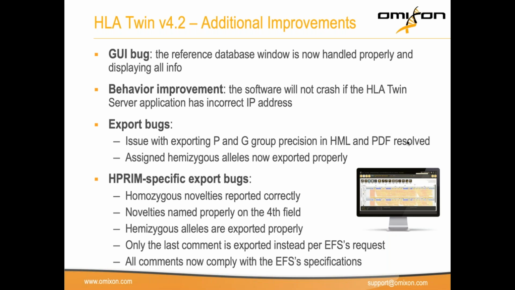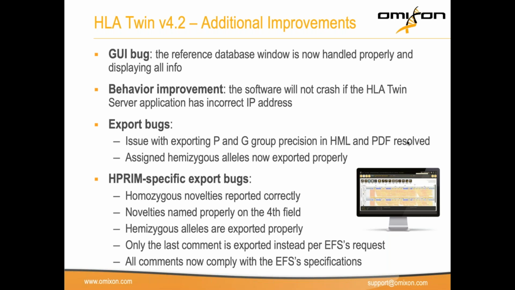H-Prim is essentially a format that French laboratories are using, and they were having a lot of problems with them. So a lot of related export bugs to those have also been fixed. Namely, homozygous novelties are now reported correctly according to their specification. Novelties are named properly on the fourth field.